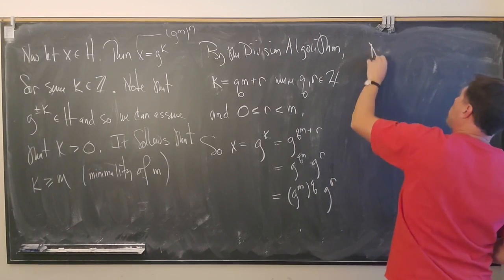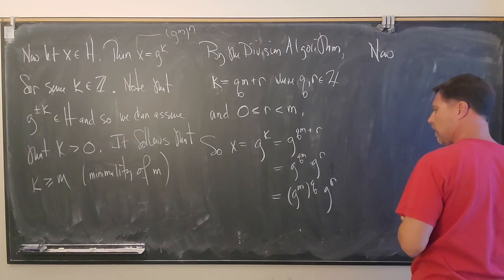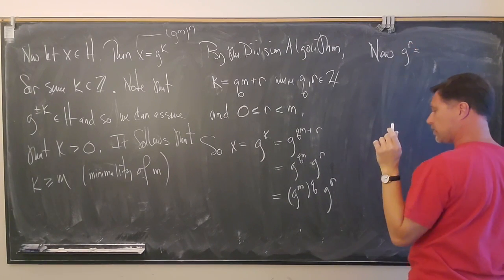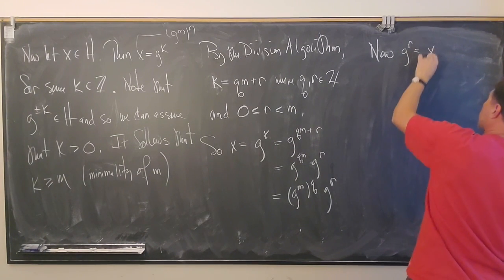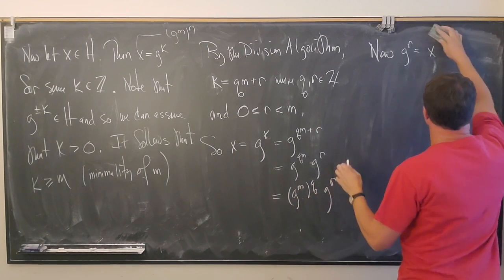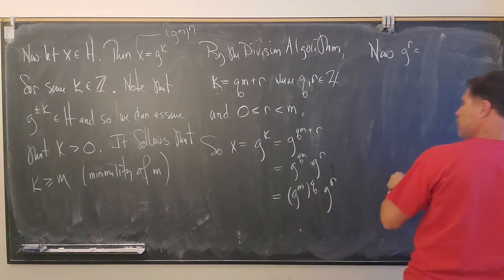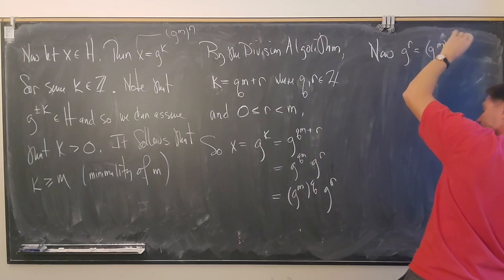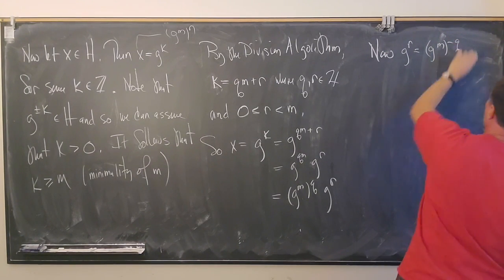So now, g to the r is equal to x times the inverse of this. So I've got to multiply on the left. It's going to be g to the m to the minus q times x.